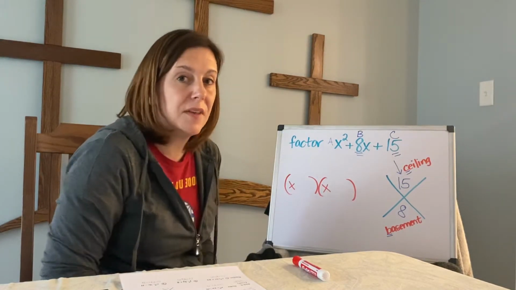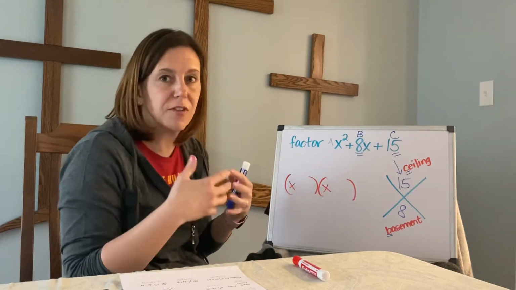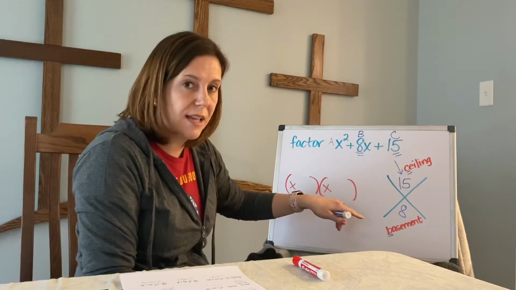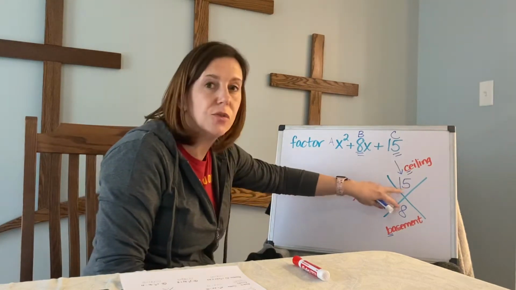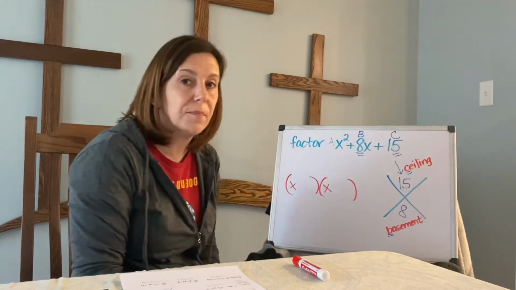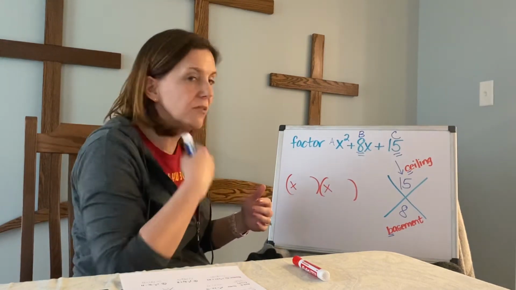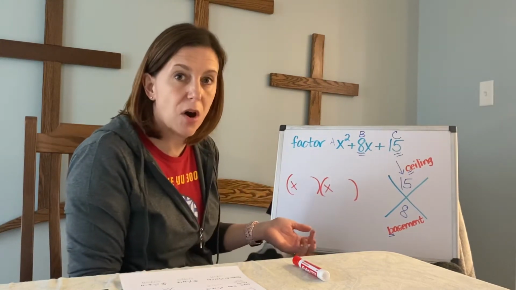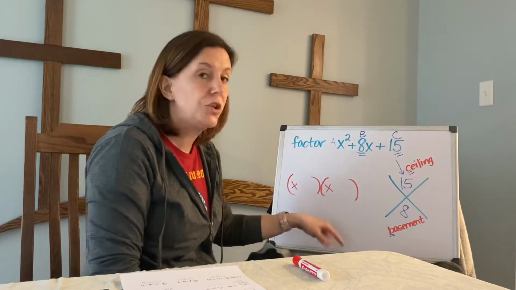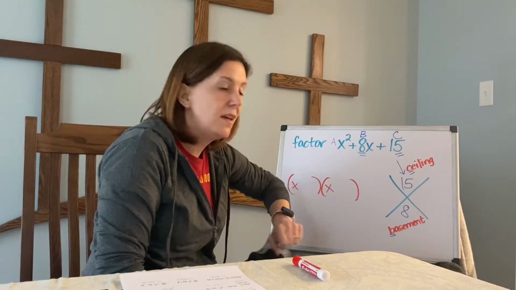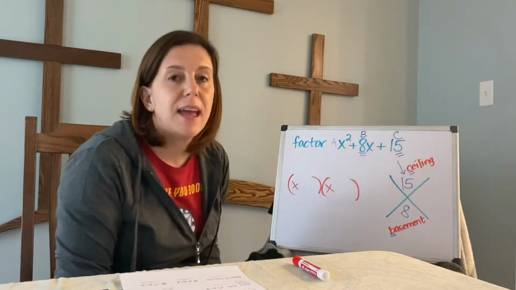And you spent time yesterday thinking through all these different combinations. And you did problems just like this, where if I give you 2, you should be able to give me the other 2. So what is really being asked here? It tells me, based on what you know the pattern to already be, I need 2 numbers that multiply together to get me 15, but add together to give me 8.